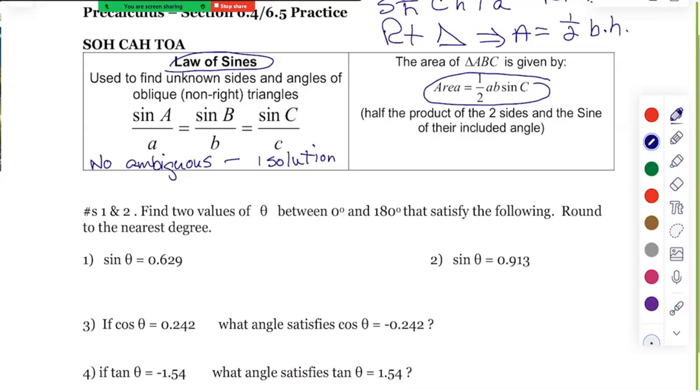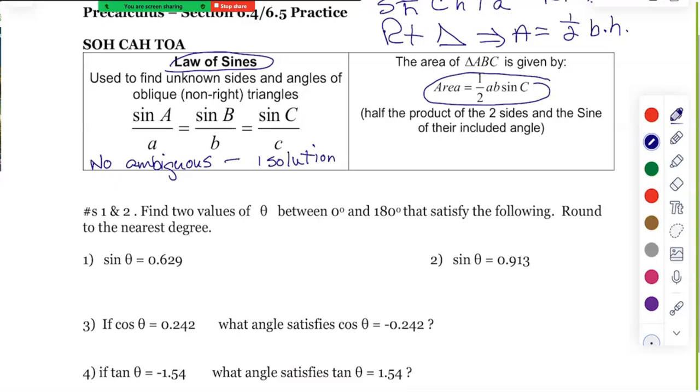It'll only work in a right triangle when you have those two features automatically. To work in an oblique triangle, you have to get the height. That's why instead we use this area equation that has sine in it. Okay, so let's keep going. We'll talk about that stuff later.